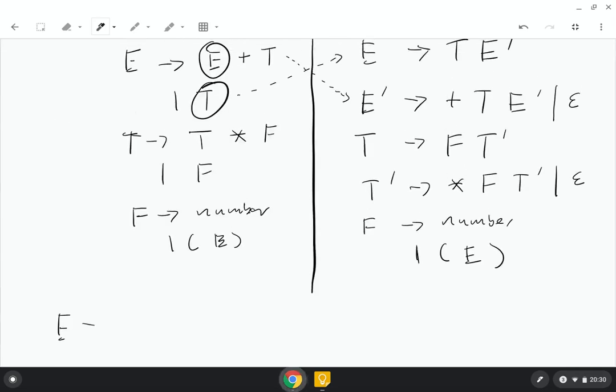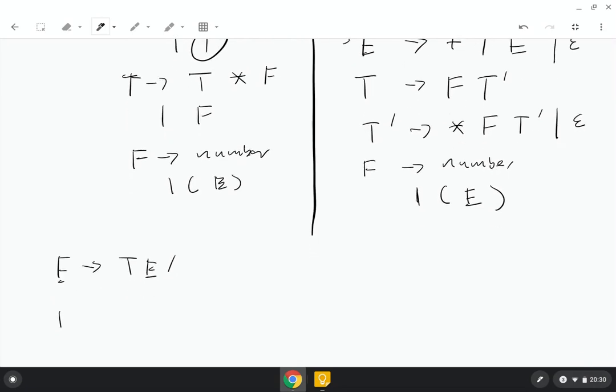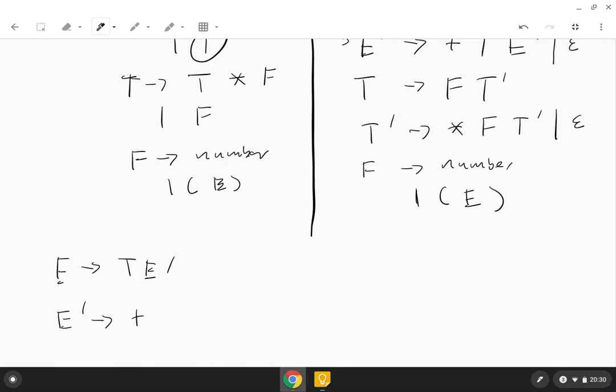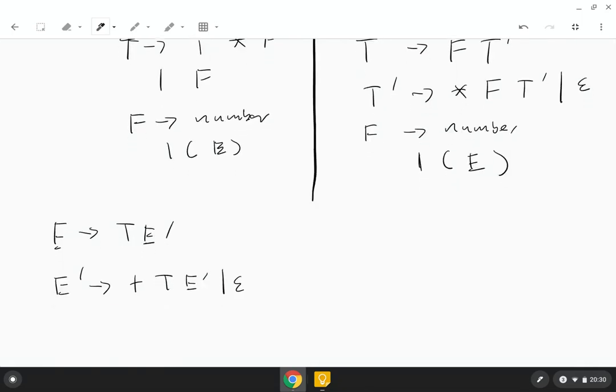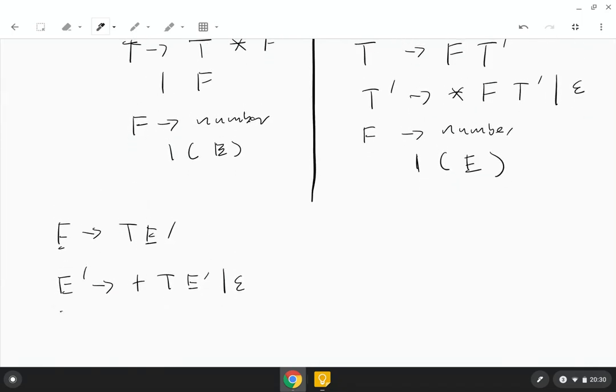So let's try doing a parse tree for this right recursive version of our grammar. I'm just going to rewrite it here so I don't forget, and please let me know if I make a mistake.